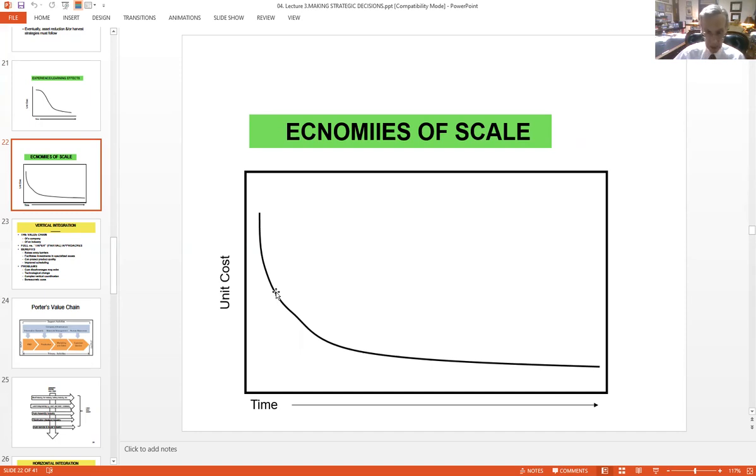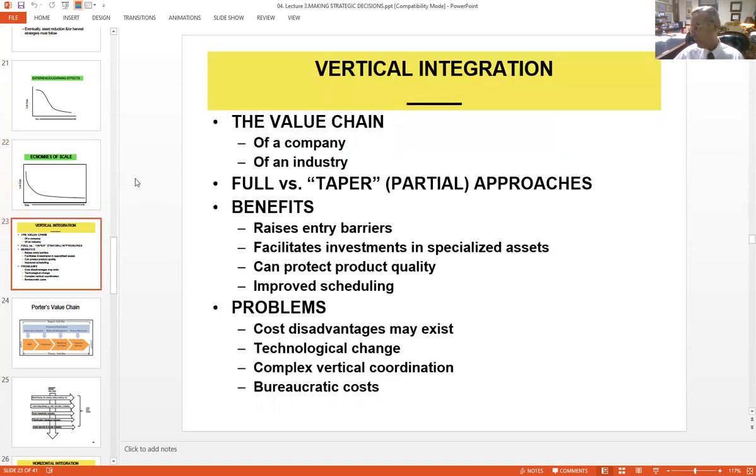Now, as the industry moves into the decline phase, this becomes very difficult, doesn't it? But to the extent that it can be done during the mature phase, this is a possibility to improve cost even further. All right, let me get a little drink here.